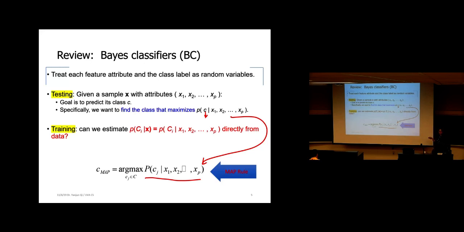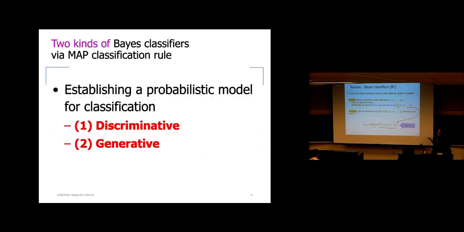And while you're learning this type of model, the fundamental question is how do you estimate this from data? What do you even mean by estimating this from data? The variations of Bayes classifiers are about what probability distribution, what probabilistic model, you use to represent this. And there are two bigger kinds.